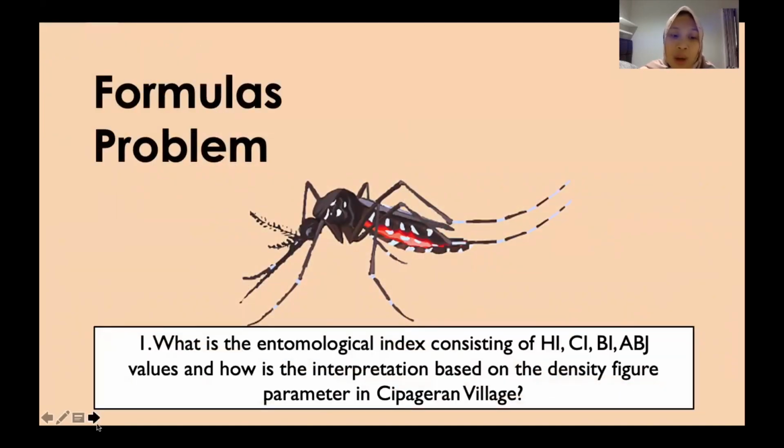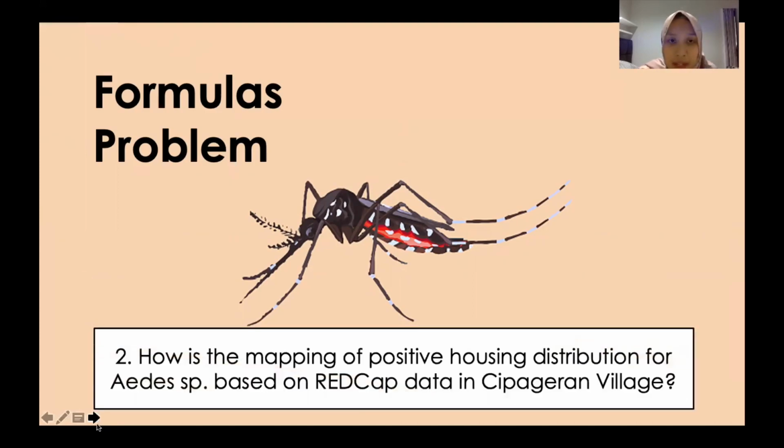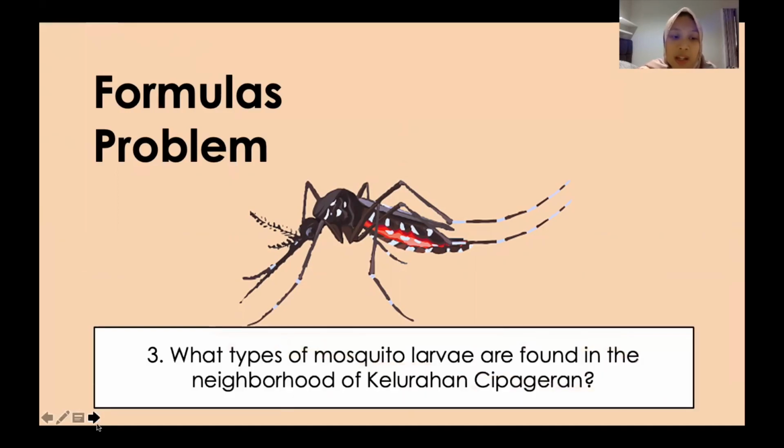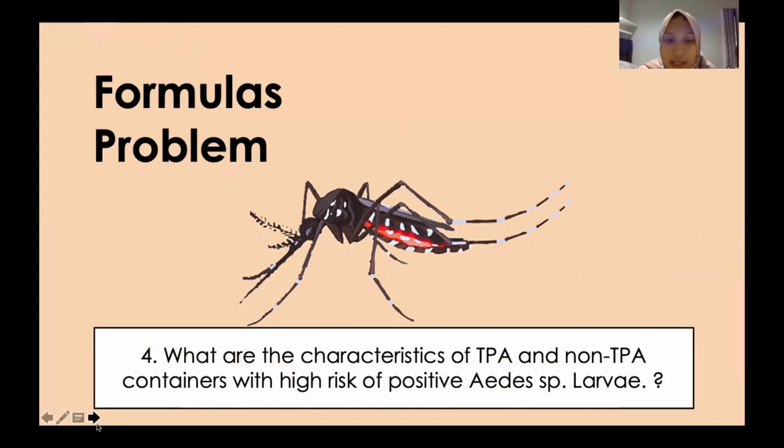We need to know what the entomological index is, how the mapping of positive housing distribution using red caps in CIPAGERAN looks, what types of mosquito larvae are found in the neighborhood of CIPAGERAN village, and what the characteristics of TPA and non-TPA containers are.